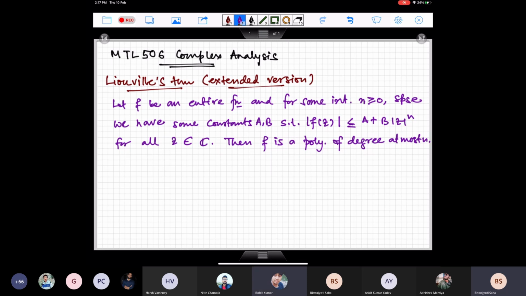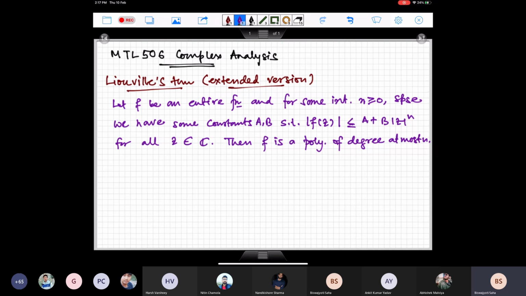Okay, because if you take mod z bigger than 1, then naturally mod of z power n minus 1 is just less than mod of z power n. So whenever your mod z is bigger than 1, you can clearly understand that mod z power n is the leading, dominating factor. And even if your mod z is less than or equal to 1, a polynomial is an entire function, so it's a continuous function on a closed and bounded set, and it's going to be bounded.